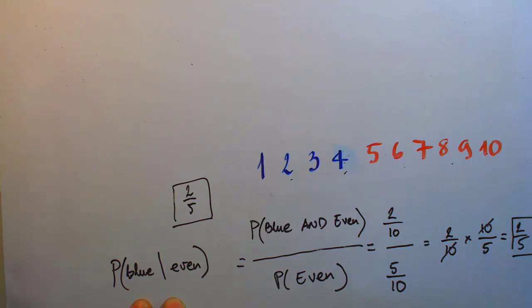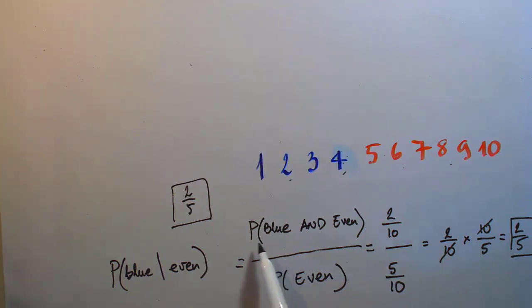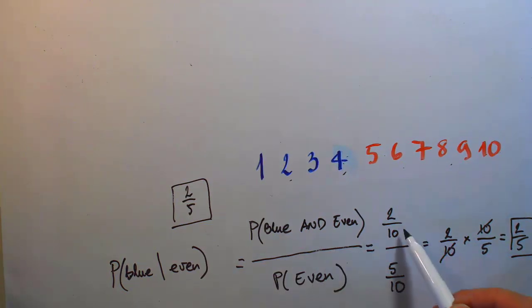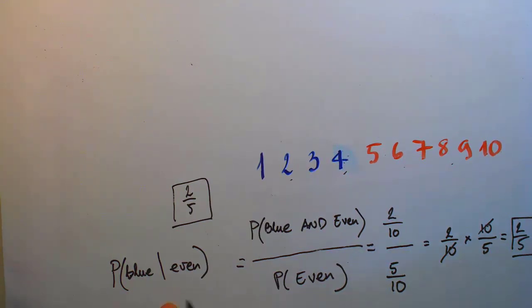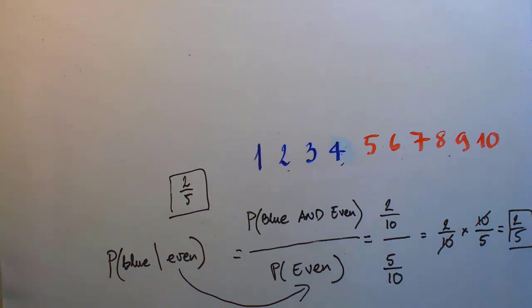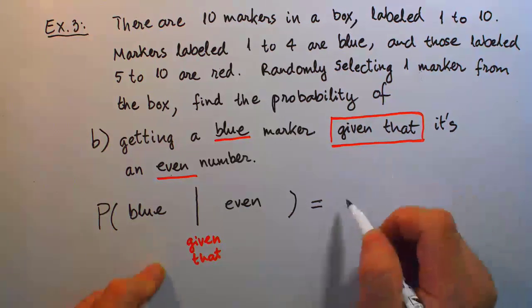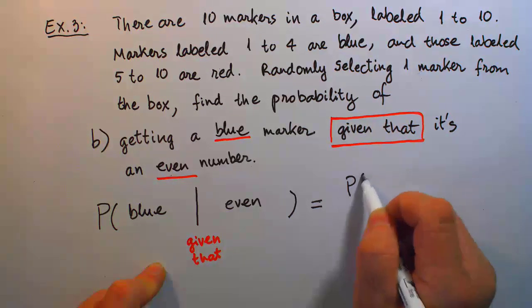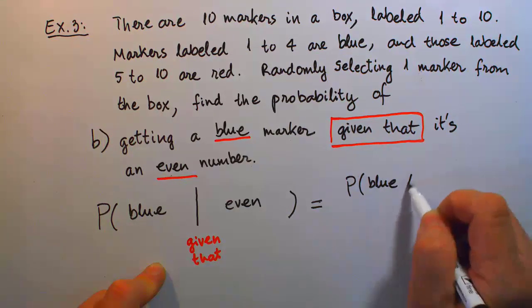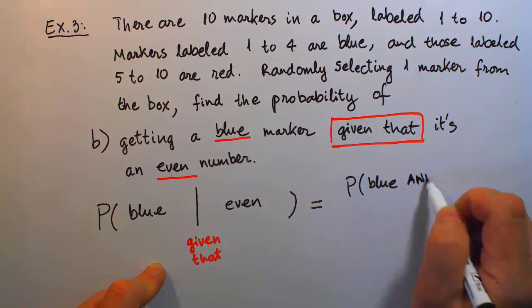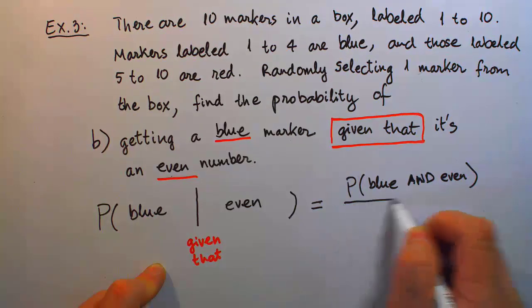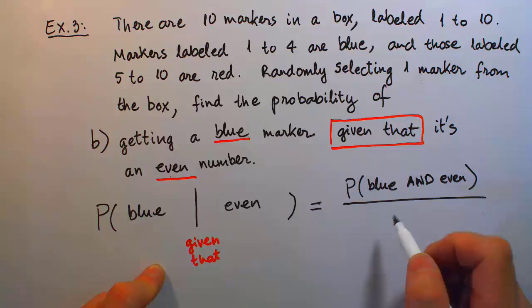And this thing here, a conditional probability, is not exactly the same, but they are related. So I'm going to find the probability of blue and even as 2 out of 10 and divide that probability by the probability separately for being even. And so putting that into our example to formalize the step, I can set up the formula as the probability of being blue and even, divided by the probability of being even.